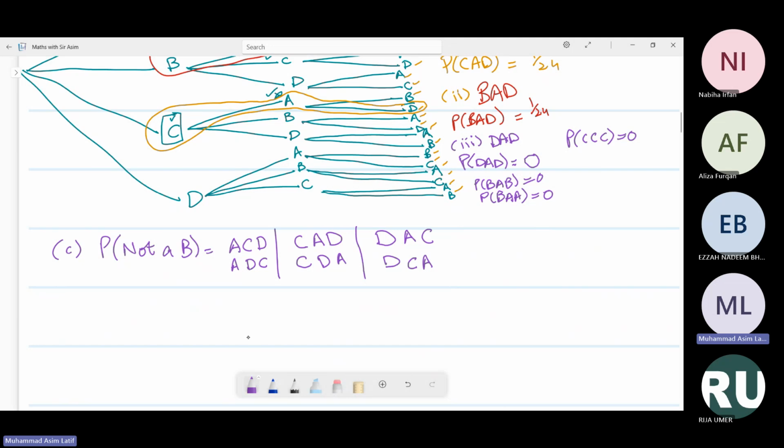So these are the six possibilities which do not involve the letter B card. So the probability is going to be 6 divided by total 64. That will give us 1 by 4. So that is how it is to be done.